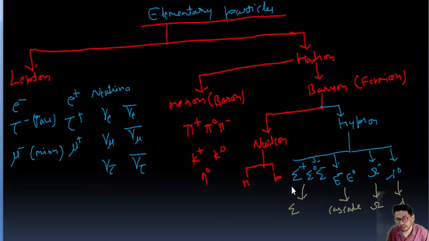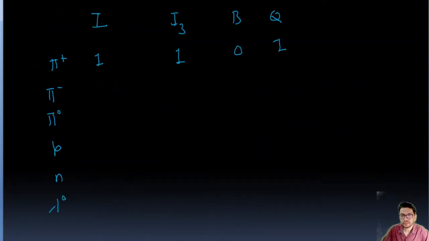So here it is 0, 0, 1, right? Similarly for it: 1, -1, 0 and -1. The charge is 1, the baryon number is 0. I is 1 and I3 is this.